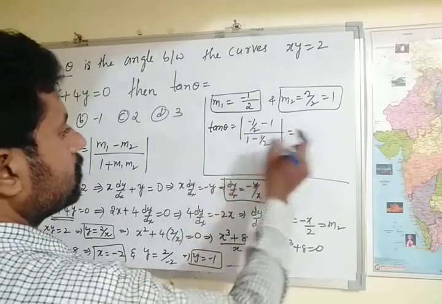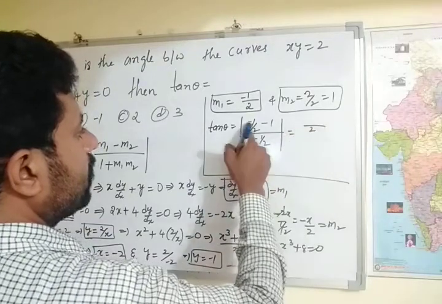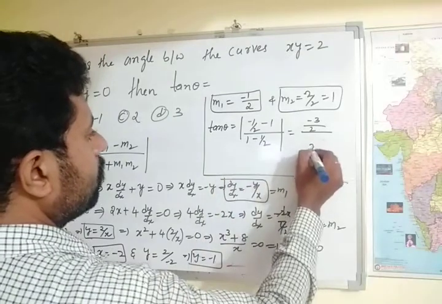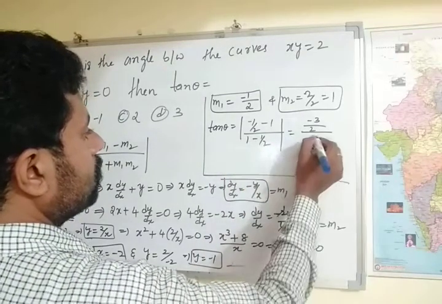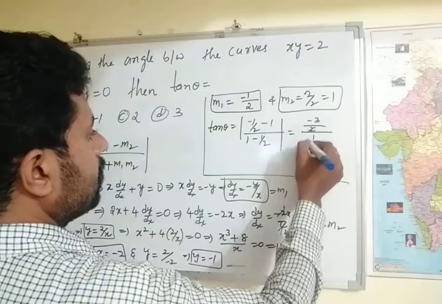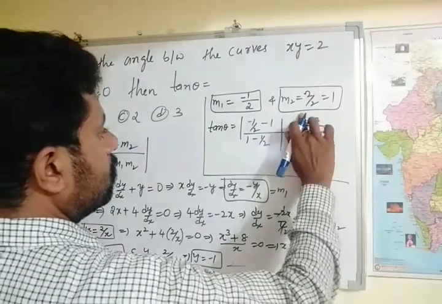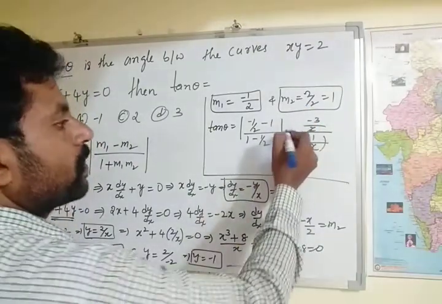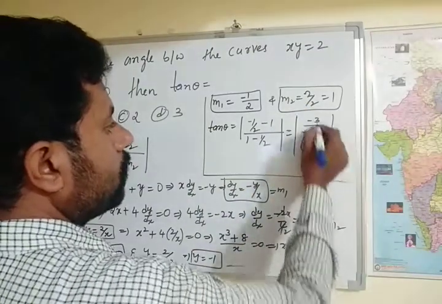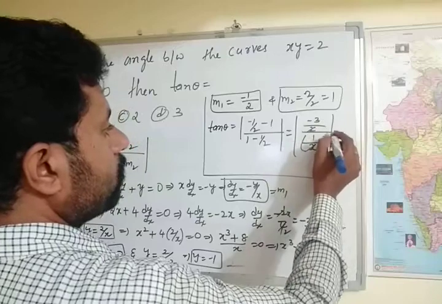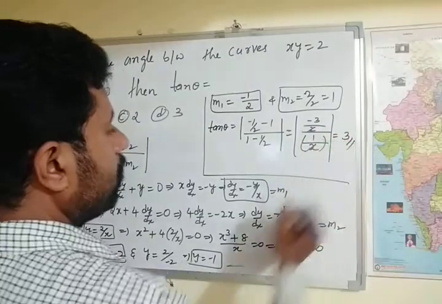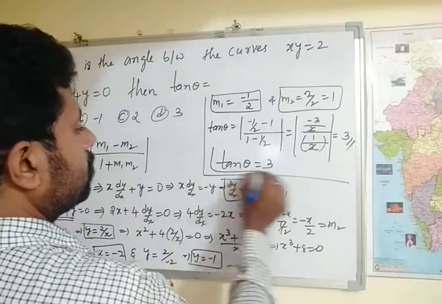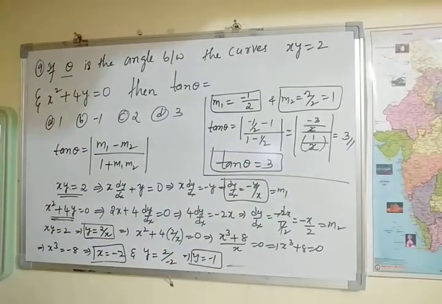Take LCM 2, minus 1 minus 2 is minus 3, divided by, taking LCM in the denominator, 2 minus 1 is 1. See here, 2 gets cancelled, magnitude of minus 3. The modulus of minus 3 we consider as plus 3. tan theta is equal to 3. Option D is correct.